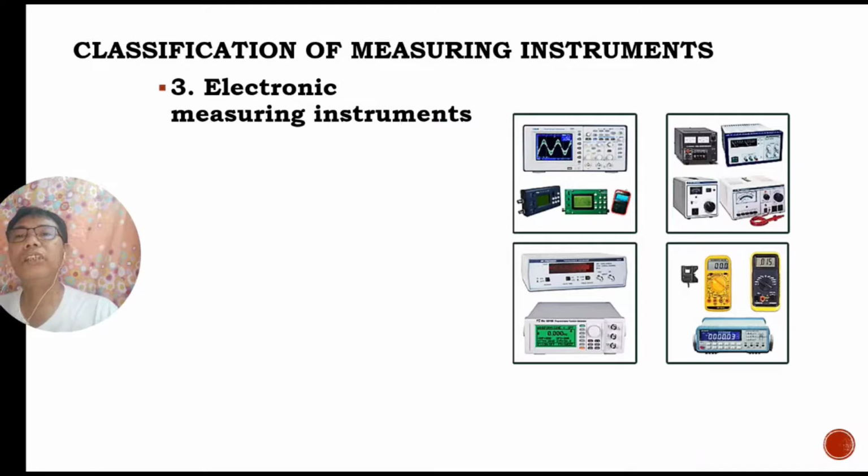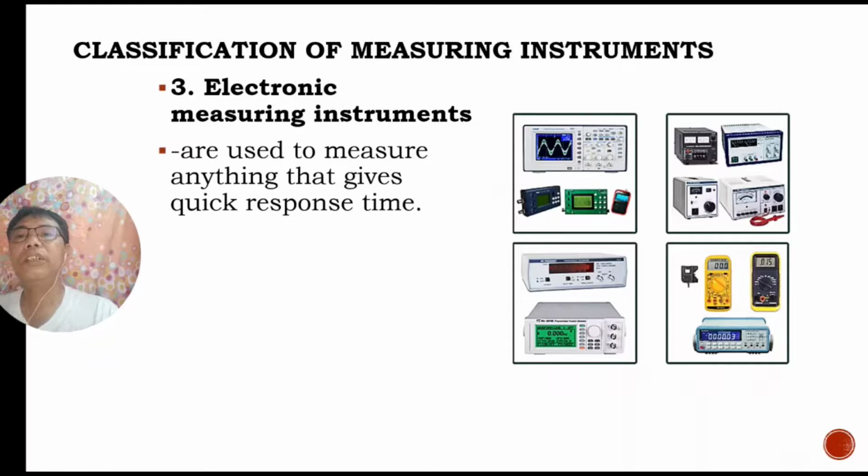Another classification is electronic measuring instruments. Okay, we have here pictures. Some of the electronic measuring instruments can be used in electrical, almost identical. These are used to measure anything that gives quick response time.